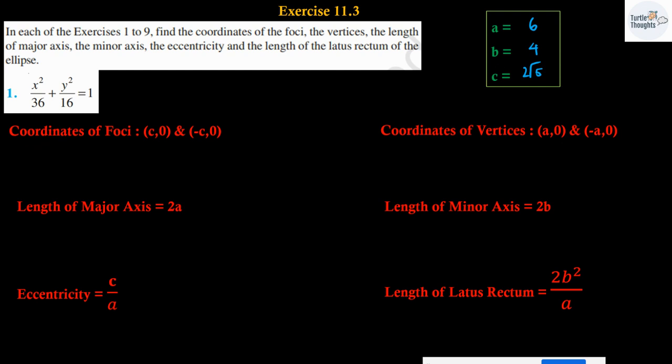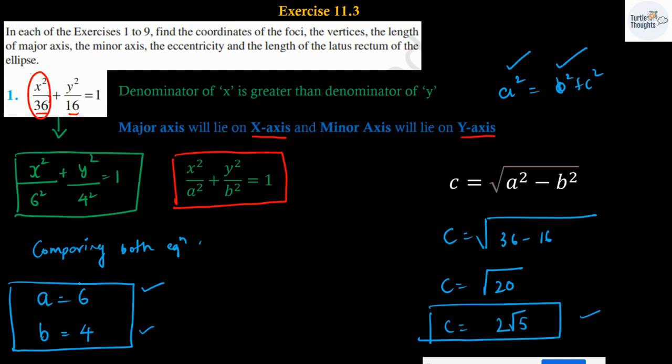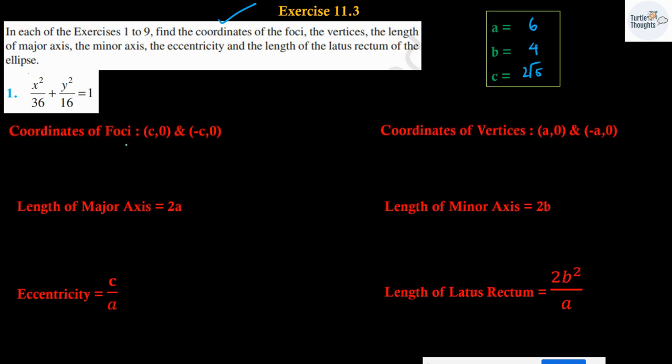Now, the coordinates of the foci. The coordinates of the foci are given by (c, 0) and (minus c, 0) for the ellipse which is elongated about the x-axis, given by x square divided by a square plus y square divided by b square is equal to 1. So c comma 0, I can write here as (2 root 5, 0) and (minus 2 root 5, 0).